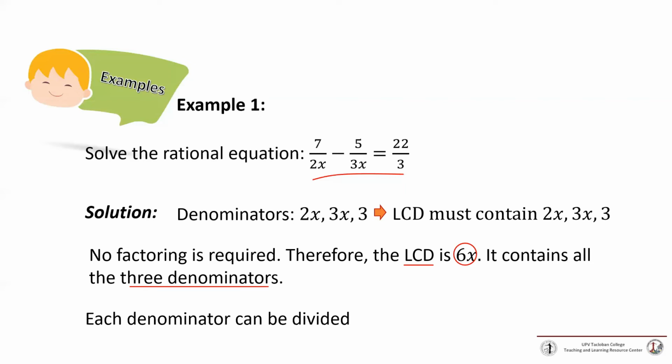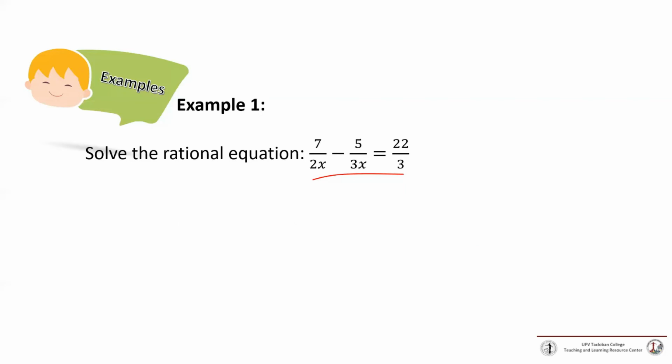Each denominator can be divided evenly into the LCD. So let's proceed. Here we have 7 over 2x minus 5 over 3x is equal to 22 over 3, copying again the given equation.